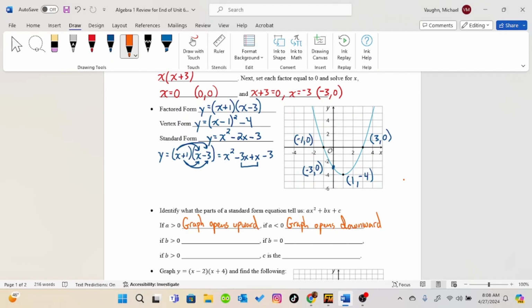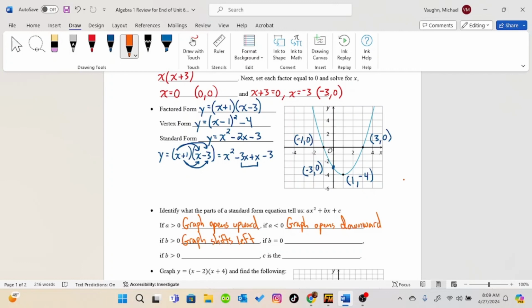Next, we can look at b. If b is greater than 0, that means the graph shifts left.